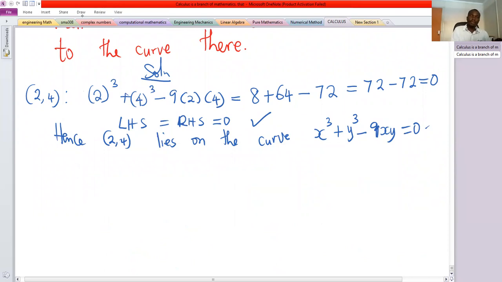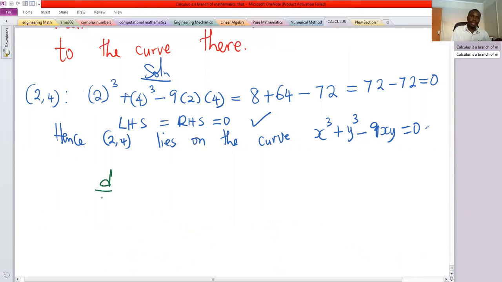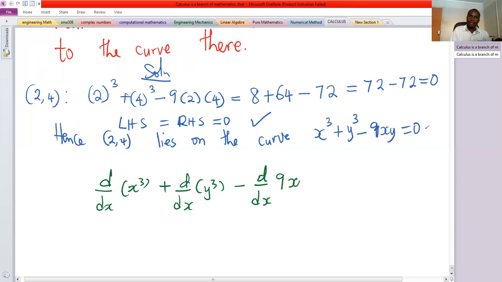First step, apply d/dx on each term. So d/dx of x cubed plus d/dx of y cubed minus 9 d/dx of xy equals d/dx of 0.